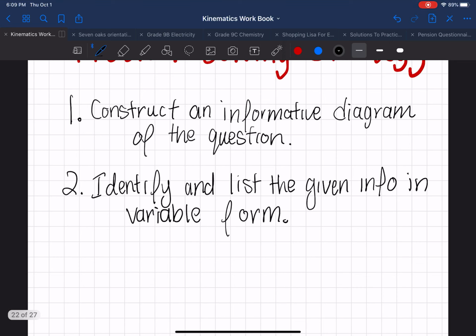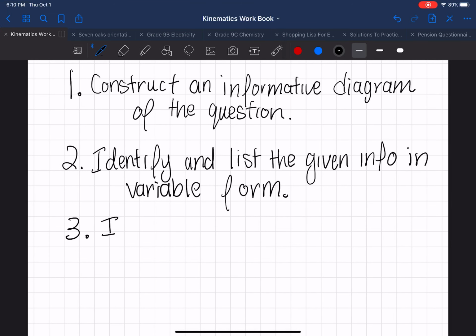A question will go, Tom accelerated 2.65 meters per second squared. You have to identify that Tom accelerated, so A equals 2.65 meters per second squared, which you know is acceleration. Then later on, when you're looking for which formula to use, you know which variables you have to insert into those formulas, and it'll filter out which formulas you can use.